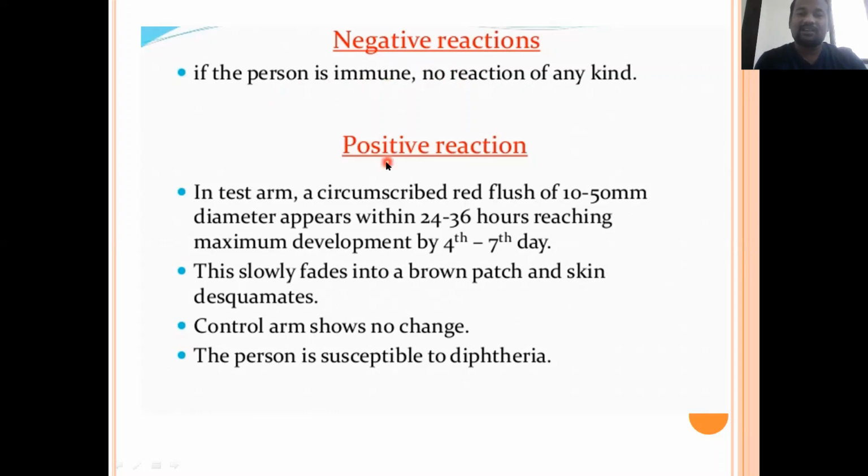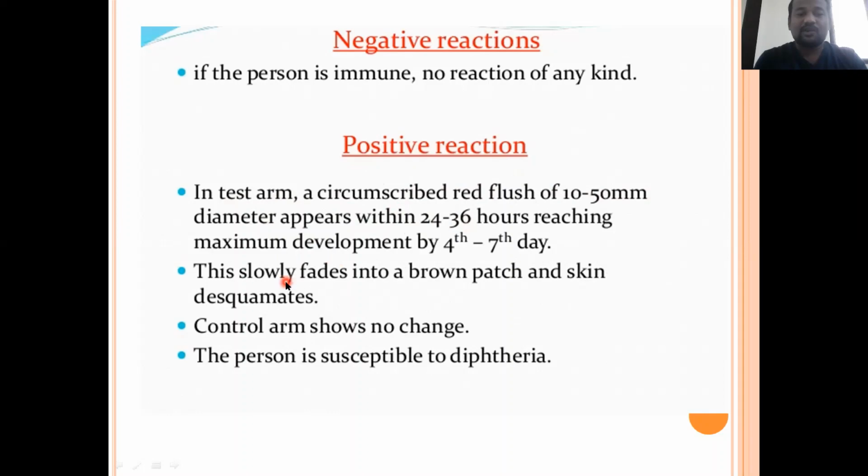There is another possibility, positive reactions. In this case, in the test arm, the arm injected with the test sample may have a circle of red swelling. The red swelling may be observed around 10 to 50 millimeter diameter in the test arm within 24 to 36 hours.